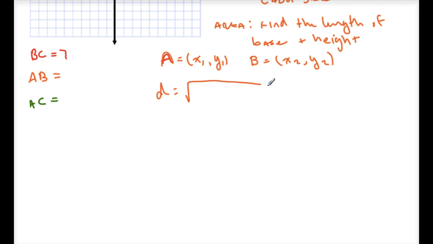You might want to get in the habit of writing out your 2 points, identifying x1, y1 and x2, y2, and then writing out the formula: the square root of x2 minus x1 squared plus y2 minus y1 squared.